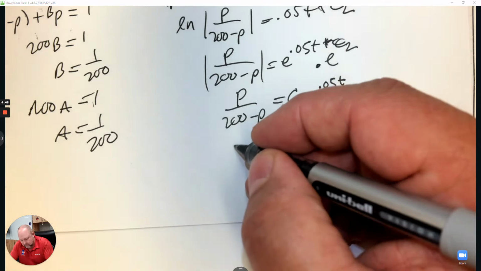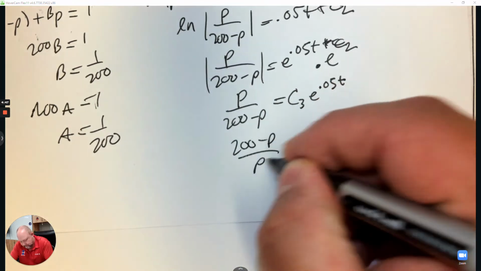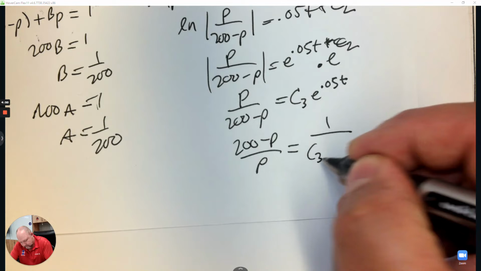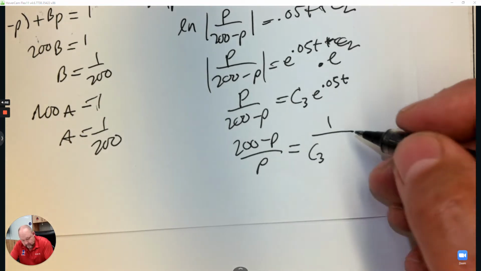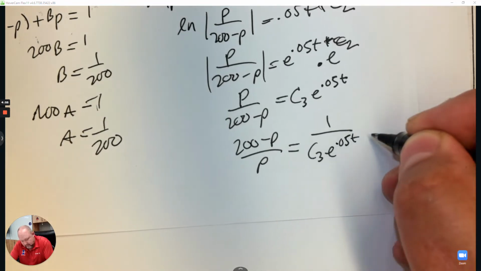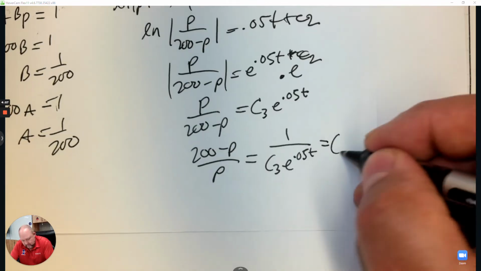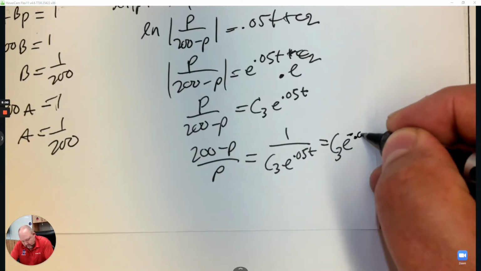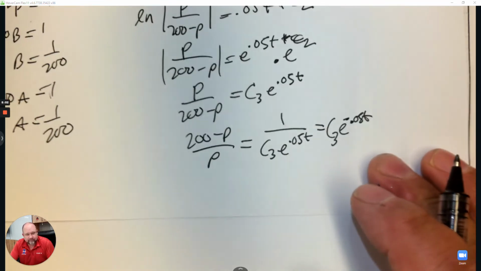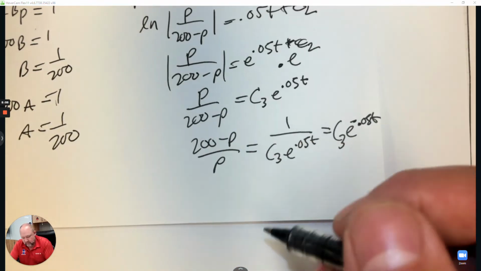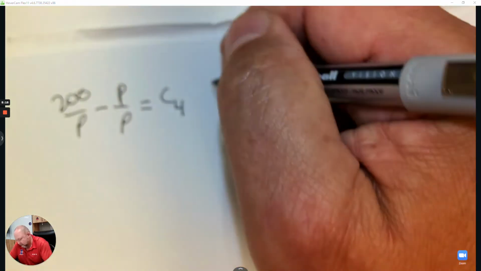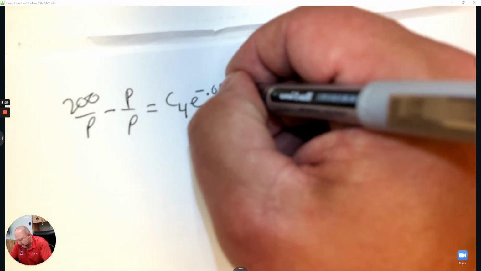Now we're going to do the reciprocal to both sides. A better way to write this is a constant times e to the negative 0.05t. Then I get 200 over P. I have 200 over P minus P over P, and I have a constant, really it's the fourth constant that I've now used, times e to the negative 0.05t.